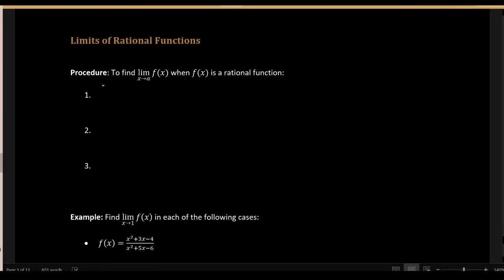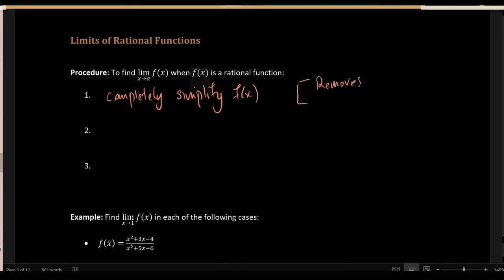The first thing that you want to do is completely simplify your rational function. This is the process that's going to remove the holes. Or more accurately, I should say, will fill in the holes.